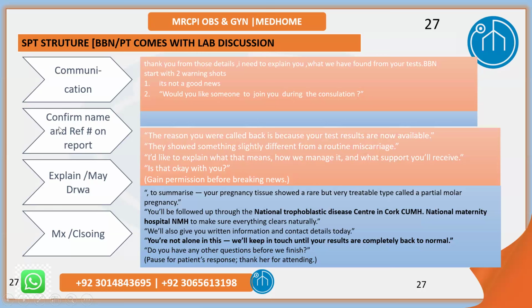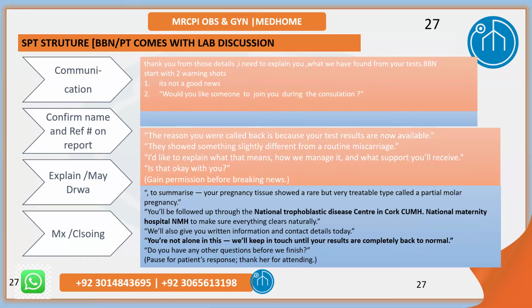Then report reading style should always carry marks, guys. If I forgot to tell you, Hira maybe also checked that, but Asra did beautiful report reading. She confirmed my name, age, hospital number, and reference number, and she told me the report belongs to me, whether the amniocentesis report or whatever the report.